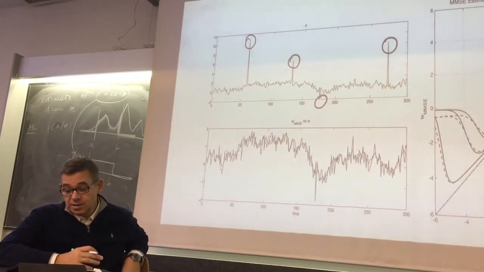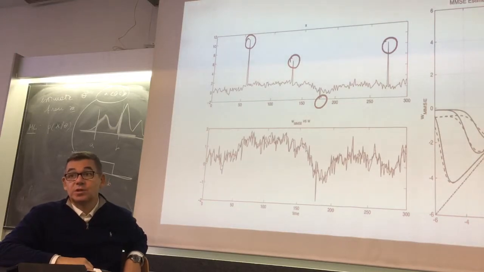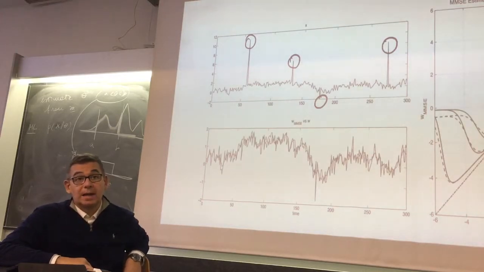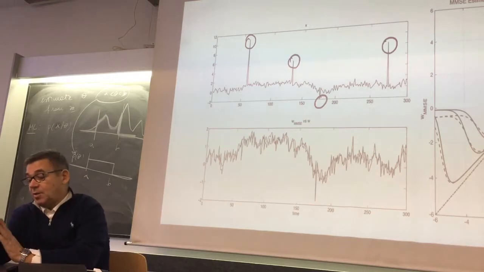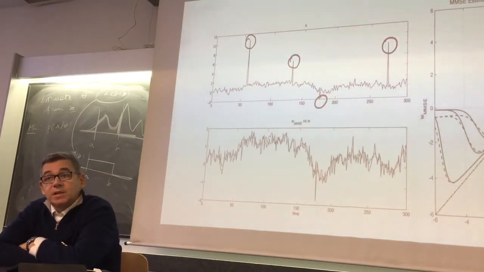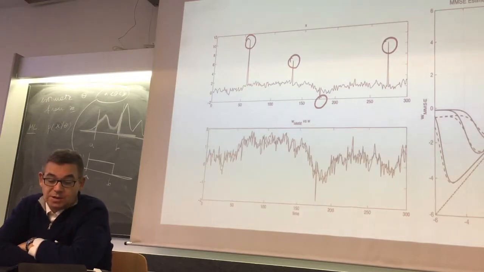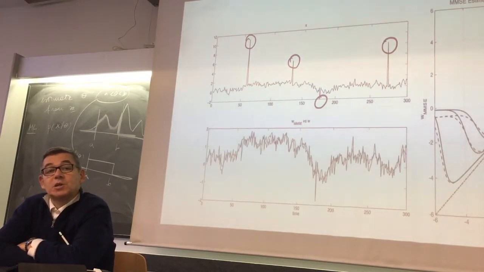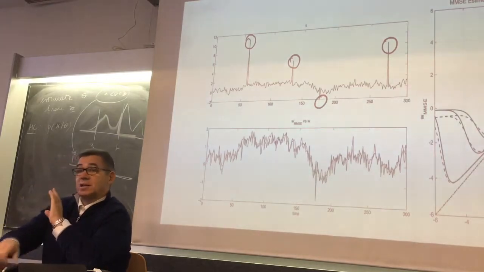This model was originally proposed in '73 by a guy called Middleton. Middleton proposed this statistical model to describe the lightning effect. Lightning is when there are thunderstorms.